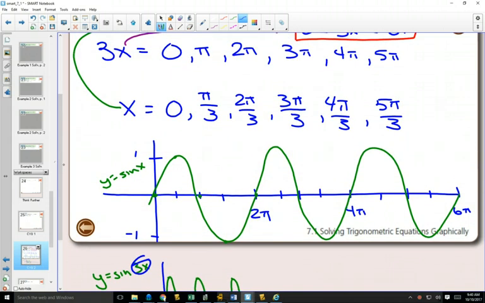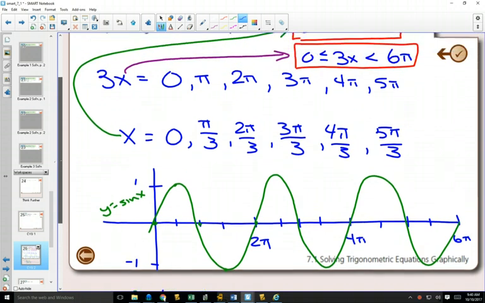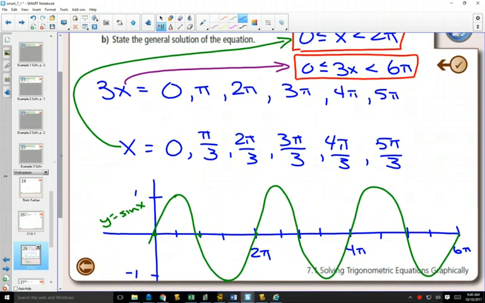And there's my normal sine graph, just solving normally for 3x. But I'm going to have to solve 3x's between 0 and 6 pi. And I found 0, pi, 2 pi, 3 pi, 4 pi, 5 pi, and 6 pi, but I took that one out because it wasn't in the domain.